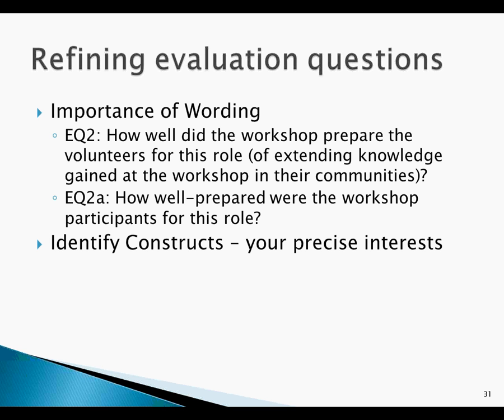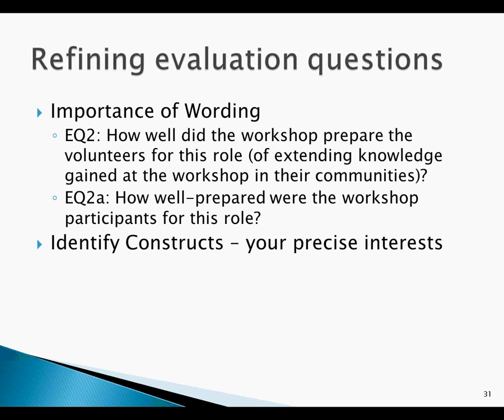So here are a couple more examples of how questions might roll out of that evaluation purpose statement we looked at. One variation might be, how well did the workshop prepare the volunteers for the role of extending their knowledge? Once you've got that written, you look at it a while and you start to think, well, what does it mean to be prepared? Do I mean that they have content in their hands or teaching materials?